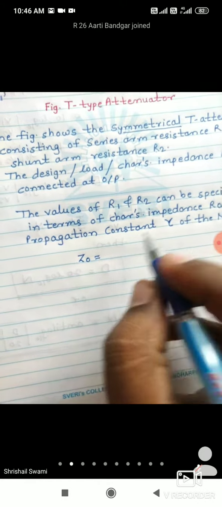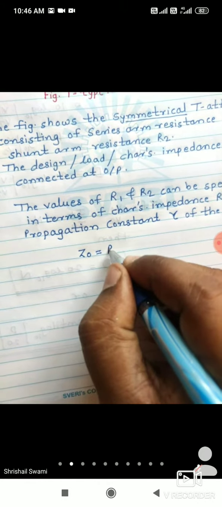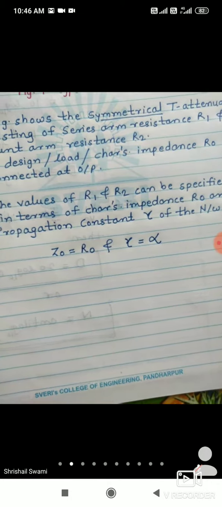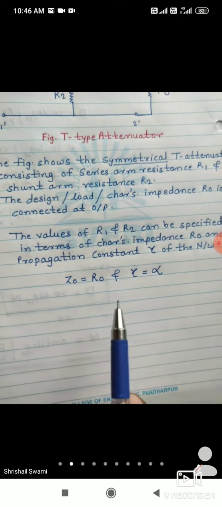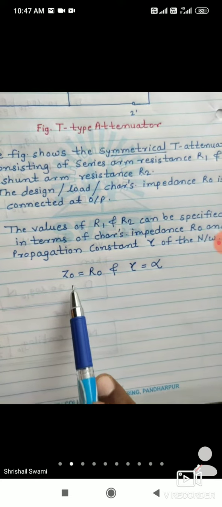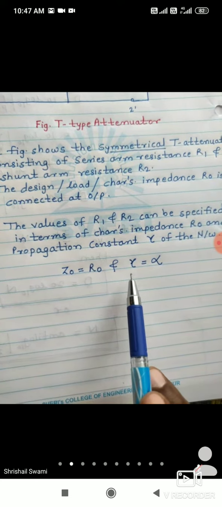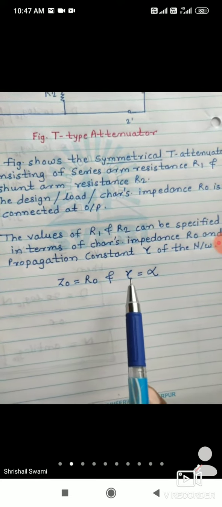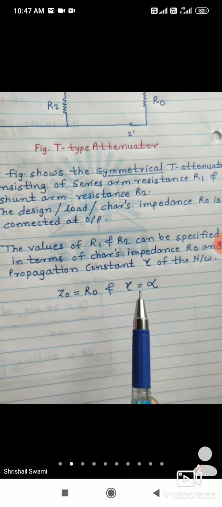So here Z0, that is characteristics impedance, Z0 is replaced by R0 and propagation constant gamma is in terms of attenuation, that is alpha. Understood? So this is actually general, that is Z0 is the characteristics impedance and gamma is the propagation constant, but here propagation constant is the similar way.